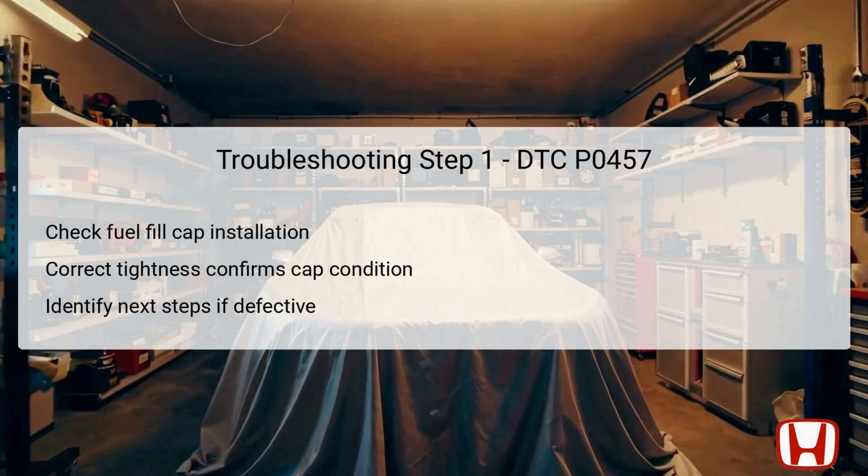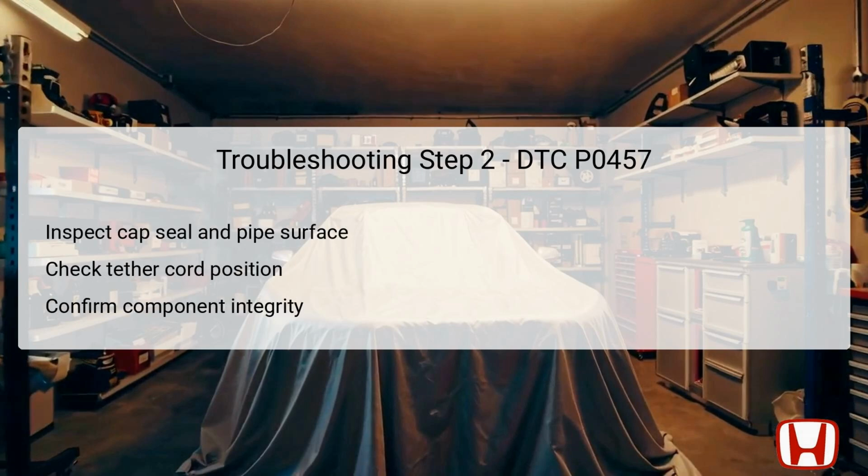preventing unnecessary component replacements. In the second troubleshooting step, it's imperative to conduct a visual inspection of both the fuel fill cap seal and the fuel fill pipe's matching surface. This ensures that the seal is neither missing nor damaged, as this component directly impacts the ability to maintain a vapor-tight system.